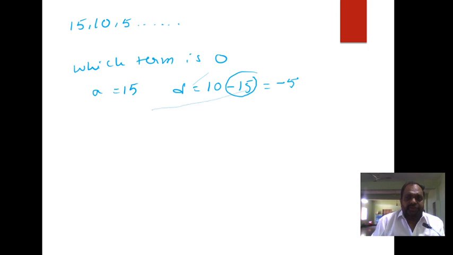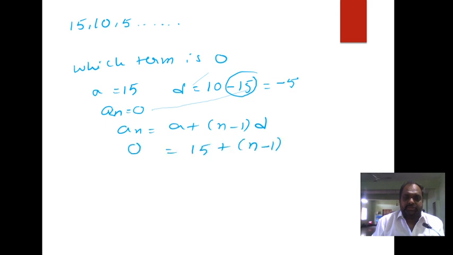Next, which term becomes 0? An, the nth term is 0. We don't know which term. The An formula we know is a plus n minus 1 into d. An means 0. A is 15, plus n minus 1, which we don't know, into d, which is minus 5. Send 15 to this side, it becomes minus 15, equal to n minus 1 into minus 5.